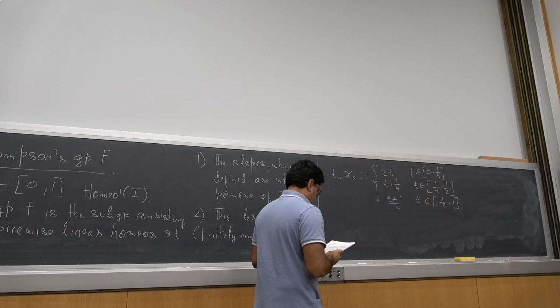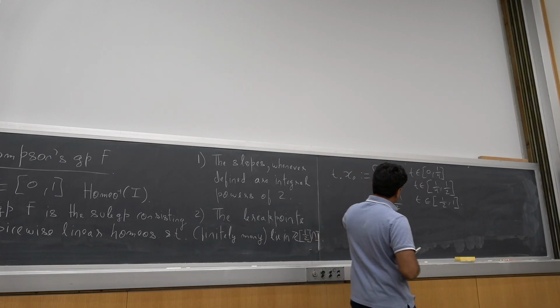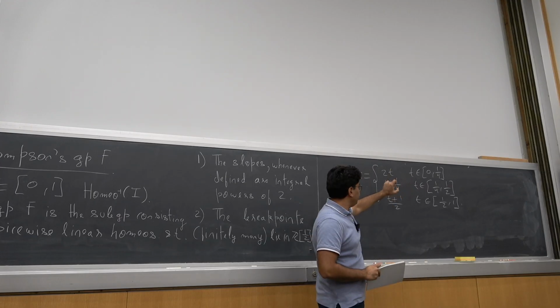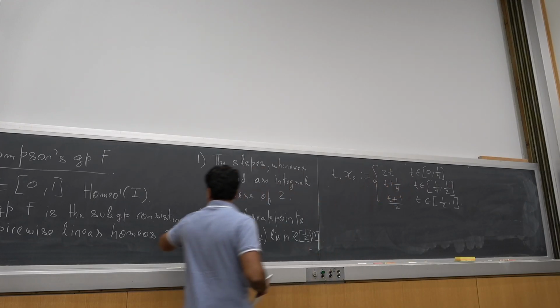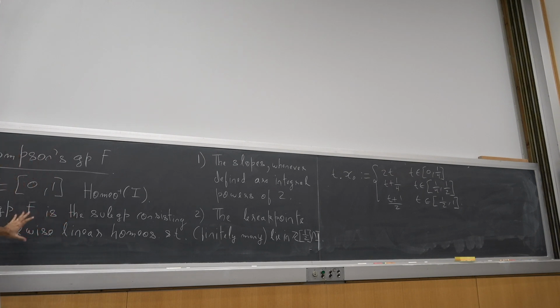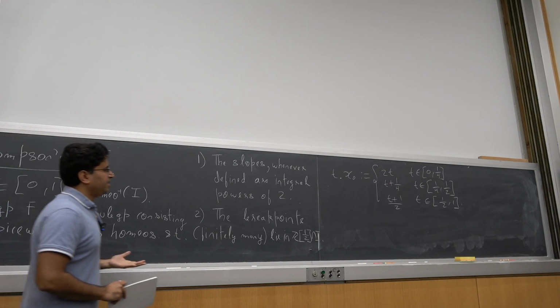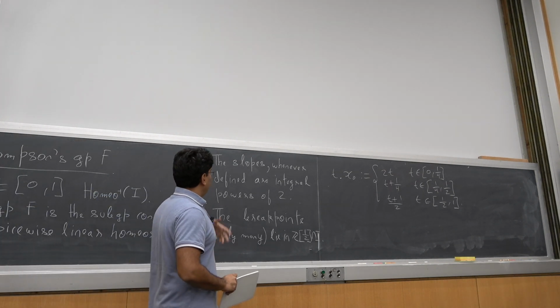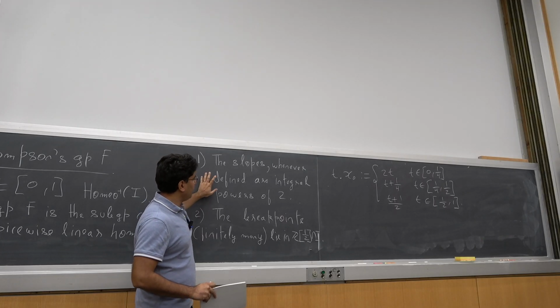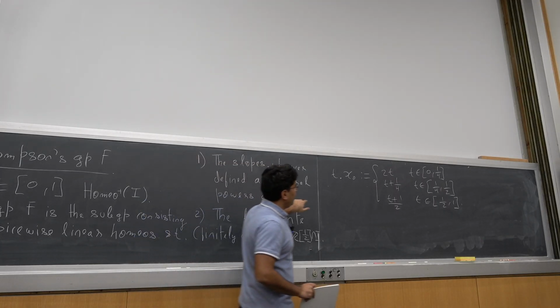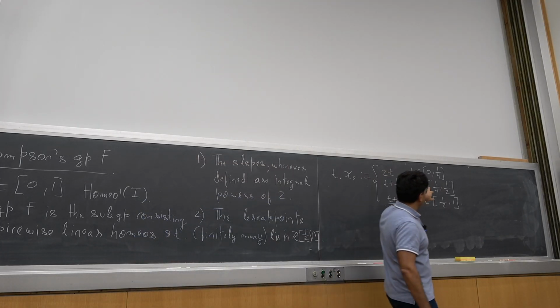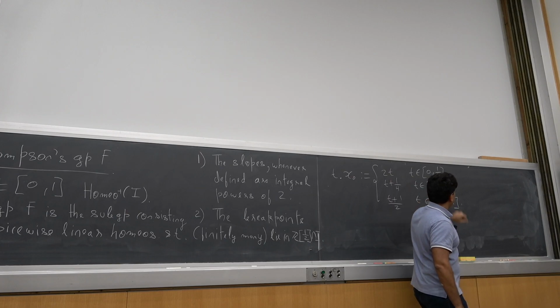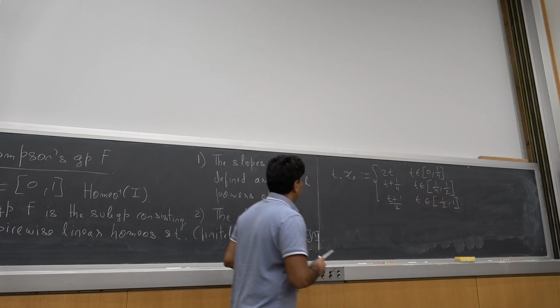Okay. So now you can check, by the way, that this satisfies the definition. This element has the property that it is piecewise linear. Slopes, whenever defined, are integer powers of 2. And the breakpoints, which are these points, are dyadic rationals.